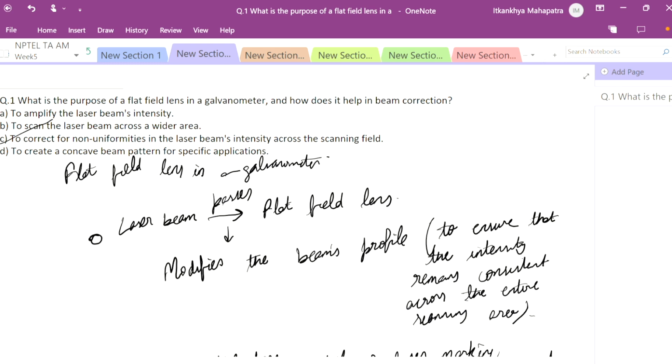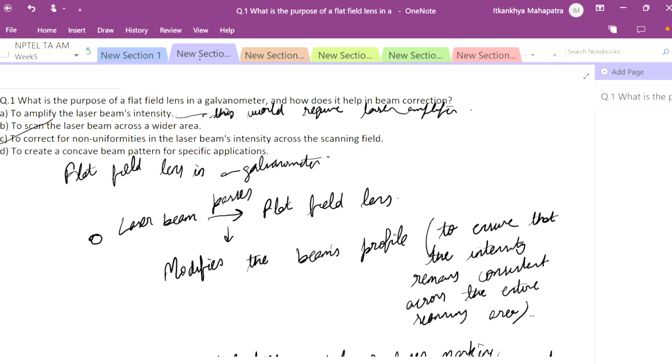Now, why are the other options not correct? Amplifying the laser beam's intensity would require a different optical element like a laser amplifier, and it wouldn't directly relate to the purpose of a flat field lens.